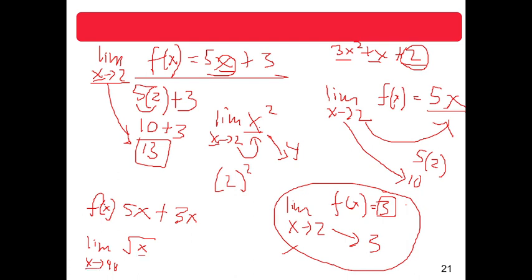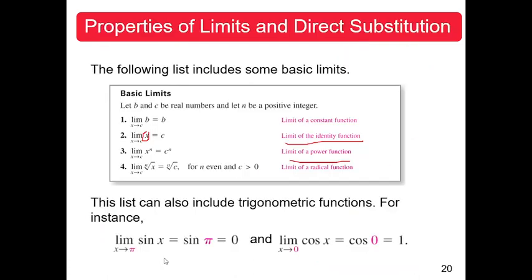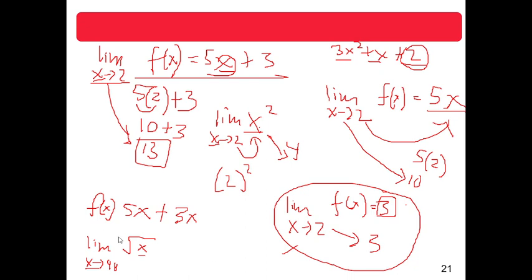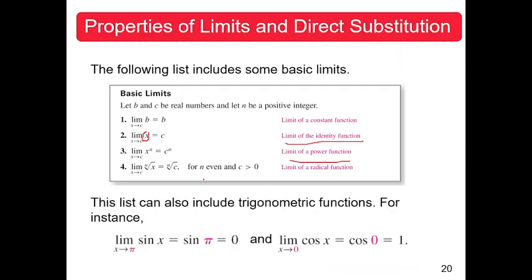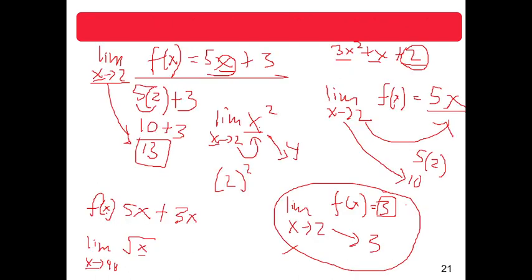Similarly, this is the identity function, correct? The limit of the identity function here, and we know that the limit of your x is 48.